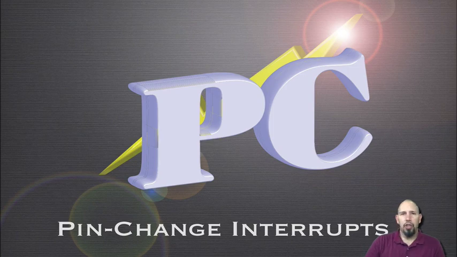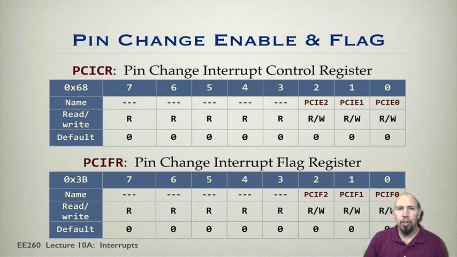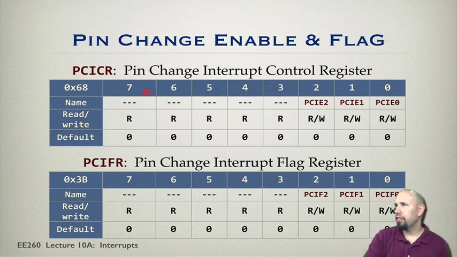We're going to now move on to the subject of pin change interrupts. Pin change interrupts are a little different than the external interrupts in that you only have the one mode, the change. There are special registers associated with the use of pin change interrupts. So we have these pin change interrupt control registers, PCIE 2, 1, and 0.